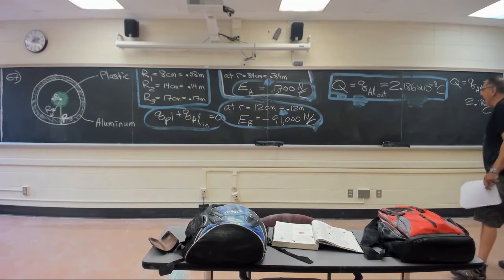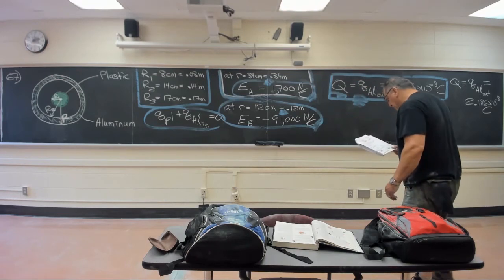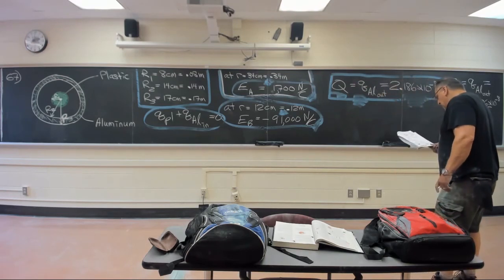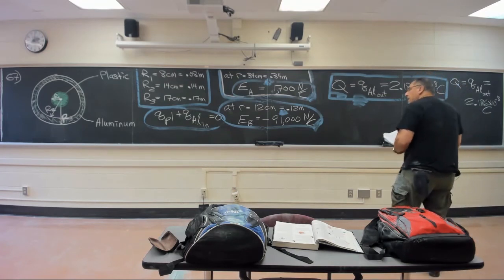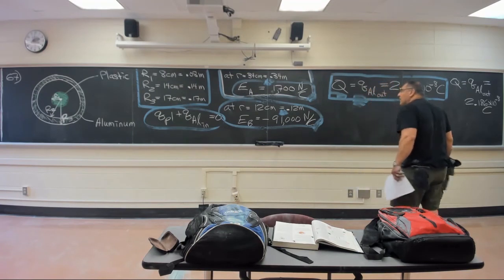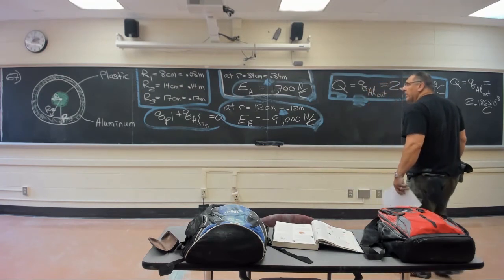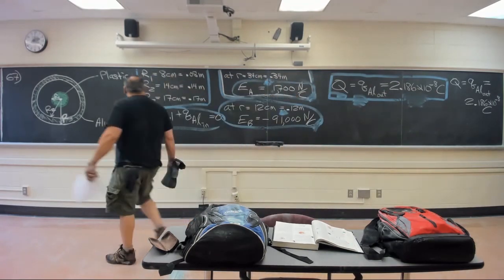If that's the case, let's talk about the Q for the plastic. The Q for the plastic is going to be, again, I prefer not to get rid of too much of this stuff here. The Q for the plastic, this 12 is a pretty important thing.